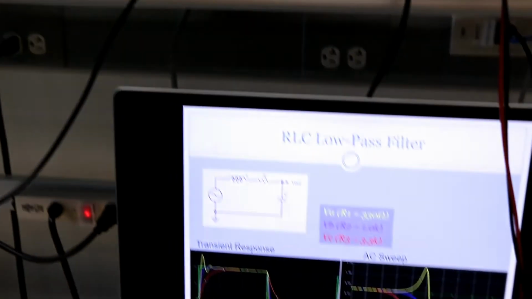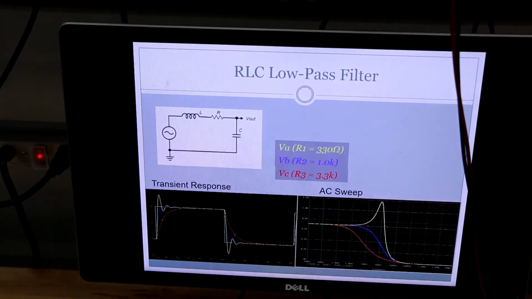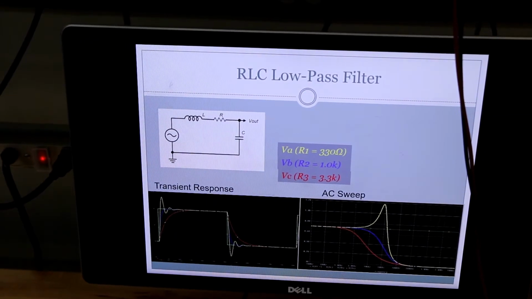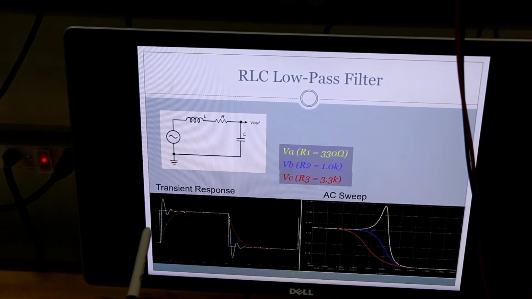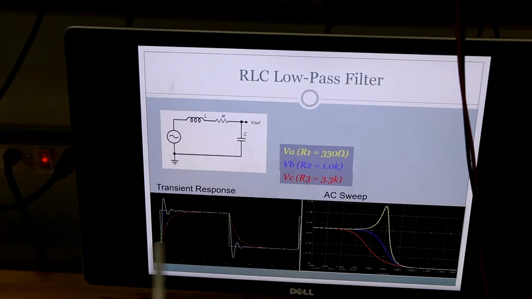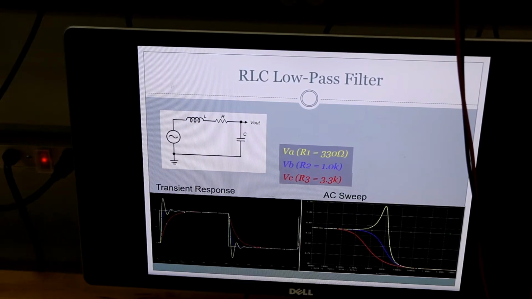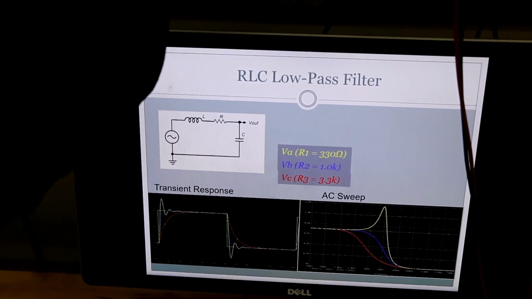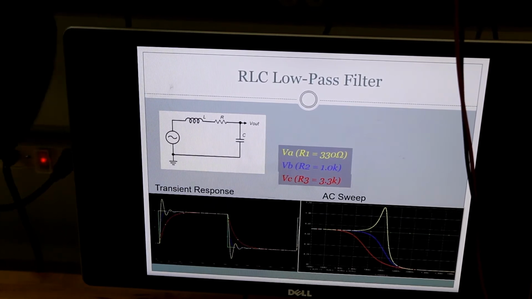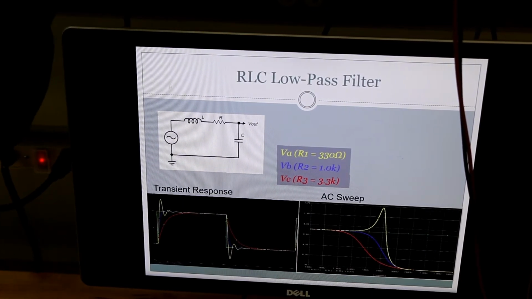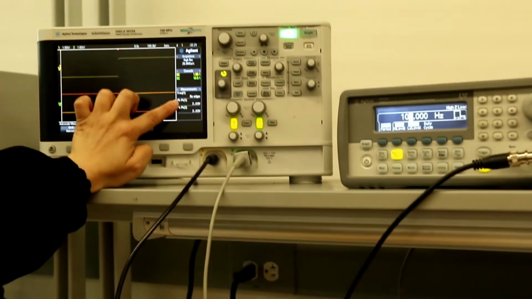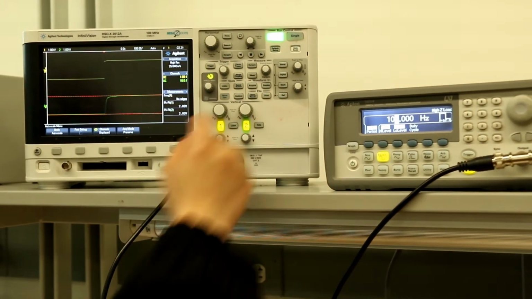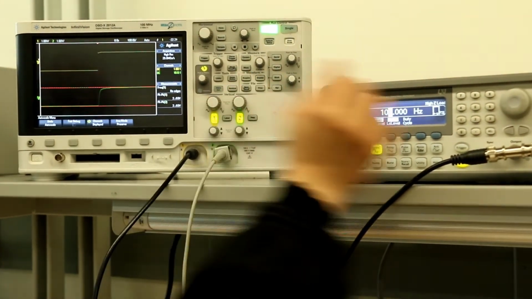And then to check the frequency response of this circuit, I'll go back to 100 hertz for the purple waveform here. We can see that peak to peak 2 equals peak to peak 1 at 100 hertz.